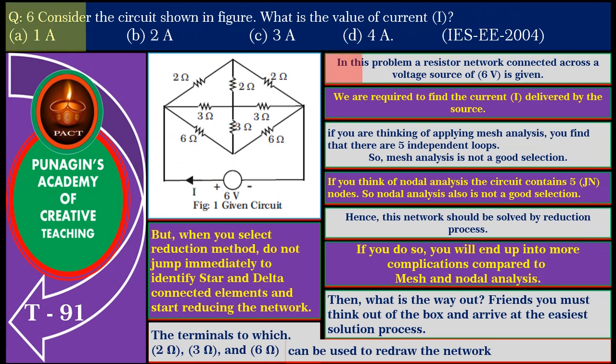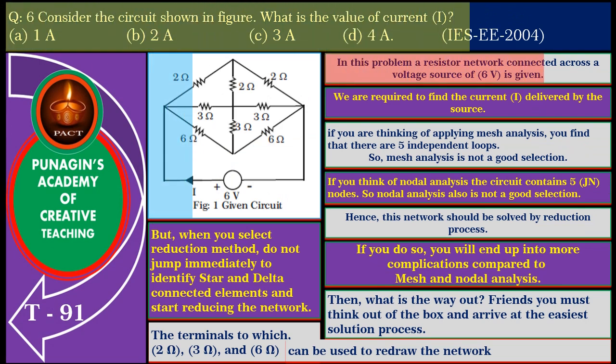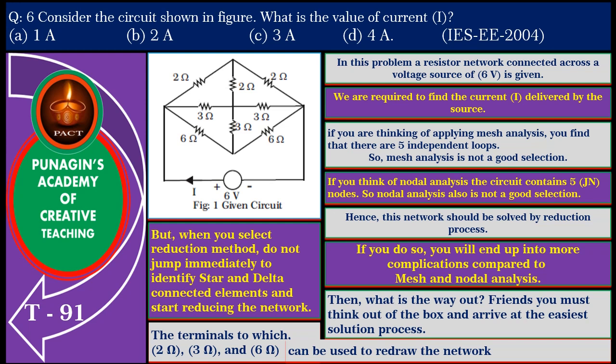Friends, in this problem, a resistor network connected across a voltage source of 6 volts is given. We are required to find current I delivered by the voltage source. To solve this problem, if you are thinking of applying mesh analysis, you find that there are 5 independent loops.